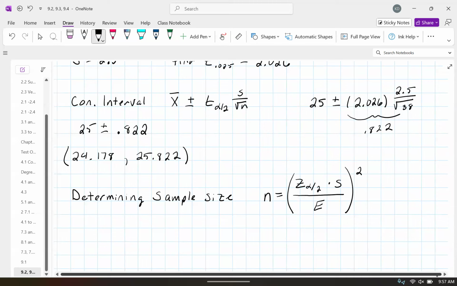So plug that in, and that'll give you the minimum sample size you need for a particular margin of error. A lot of times you want your error to be like 0.5%, or I want to say political polls have an error rate of 2%, so it could be 2 percentage points above or below. It just depends on what you're looking at and how important it is.